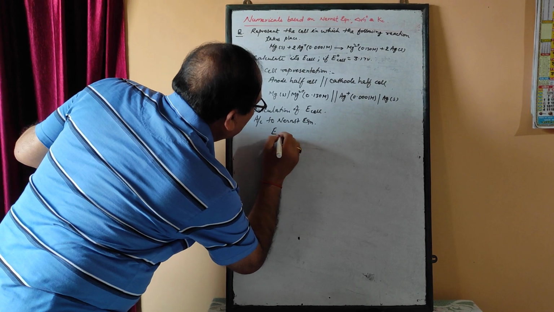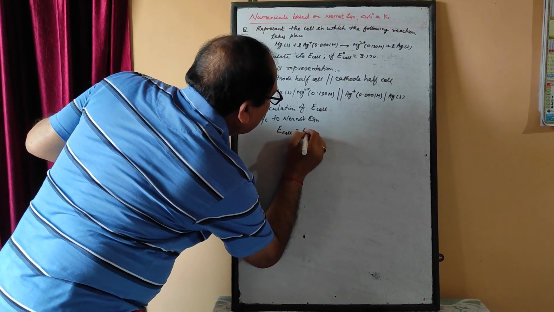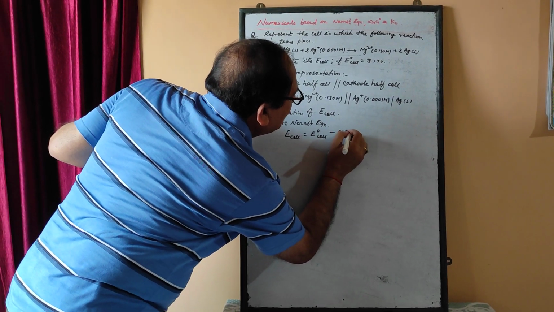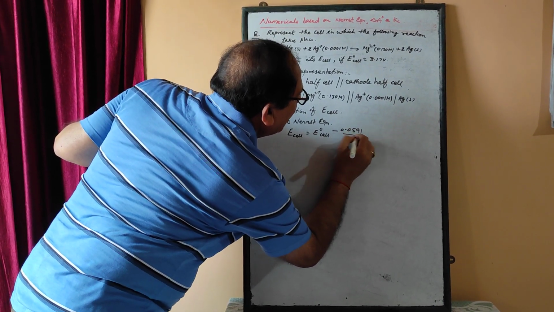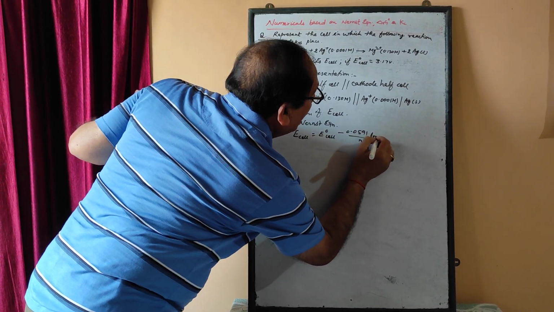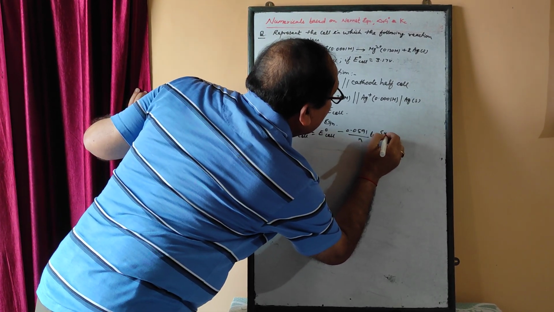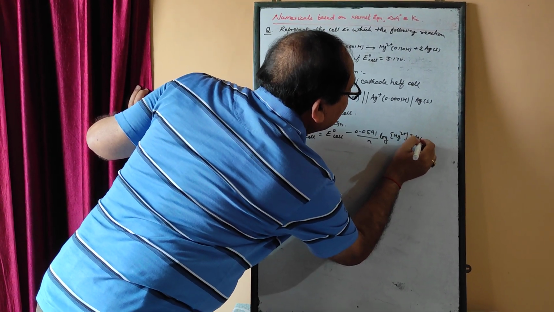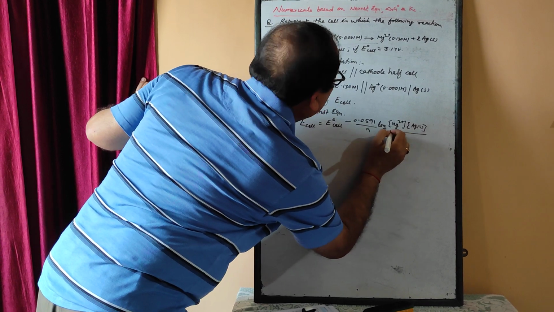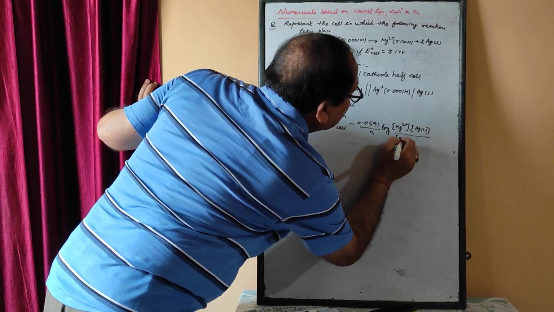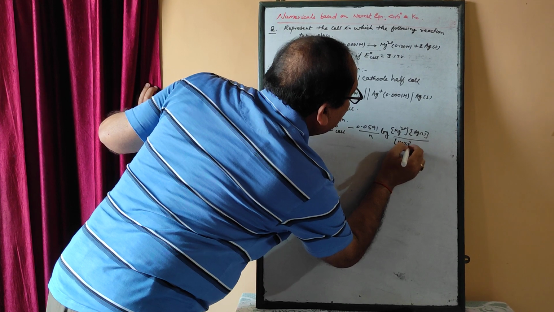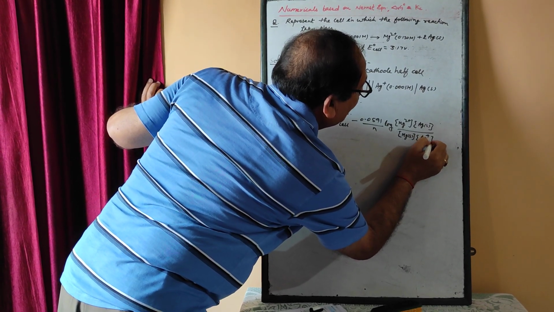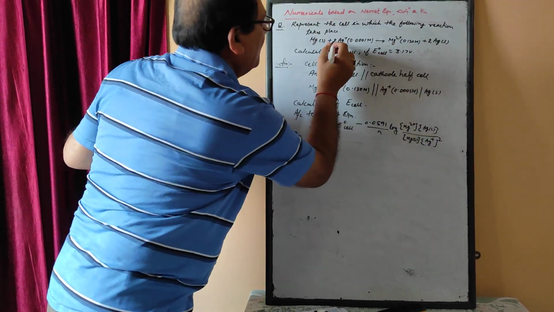E cell is equal to E naught cell minus 0.0591 by n log of Mg2 plus, Ag solid, divided by Mg solid and Ag plus square. The coefficient becomes the power, so it is squared.